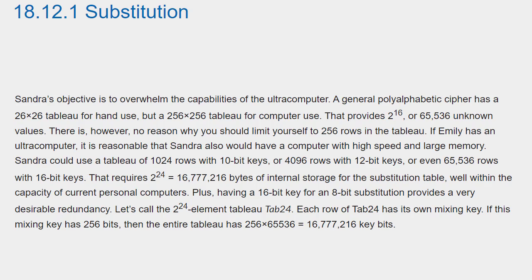Sandra could use a tableau of 1024 rows with 10-bit keys, or 4096 rows with 12-bit keys, or even 65,536 rows with 16-bit keys. That requires 2 to the power of 24 equals 16,777,216 bytes of internal storage for the substitution table, well within the capacity of current personal computers.